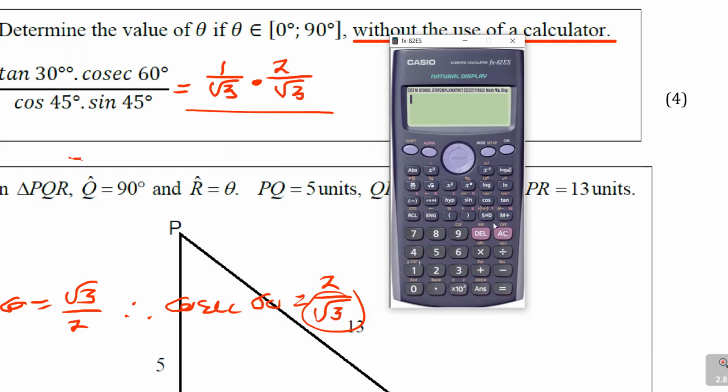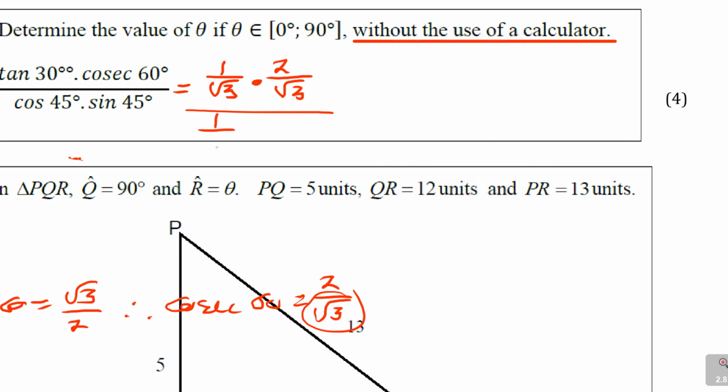So if you say here cos 45, see, it's root 2 over 2. Even sin 45, it's root 2 over 2, but don't write that. You write 1 over root 2 times 1 over root 2. That's a sign you never use the calculator.